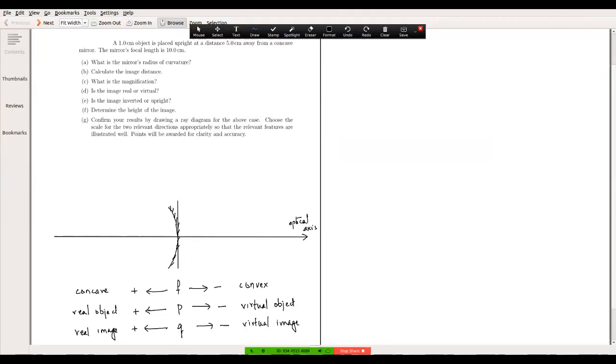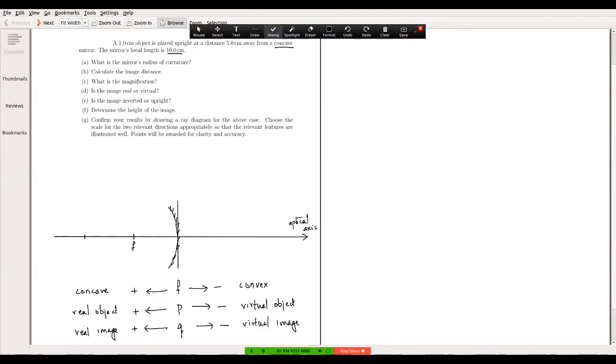Okay, so again, we have a concave mirror, and it has a focal length of 10 centimeters. So that's the 10 centimeters we will have. That's the focal point, and double the distance. I'll try my best to be reasonably correct. You should use a ruler. This really matters, and this can change our results significantly.